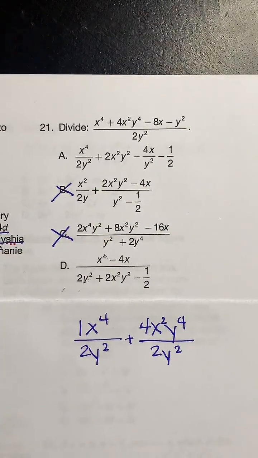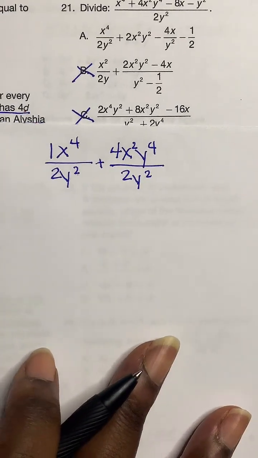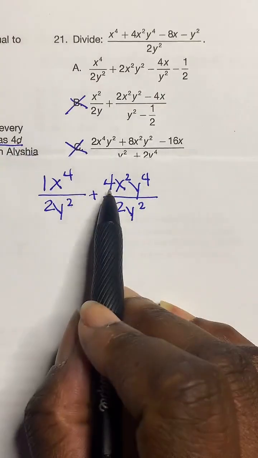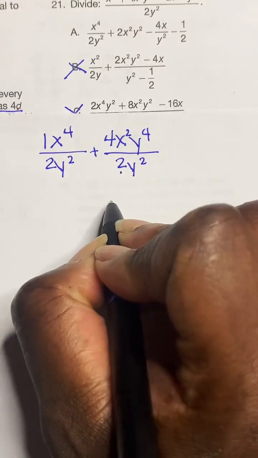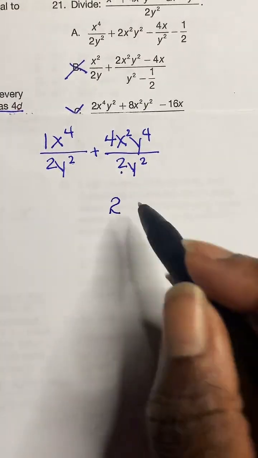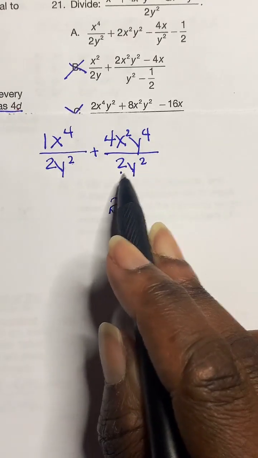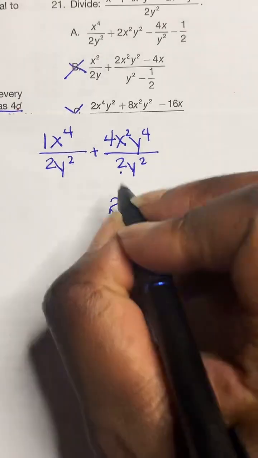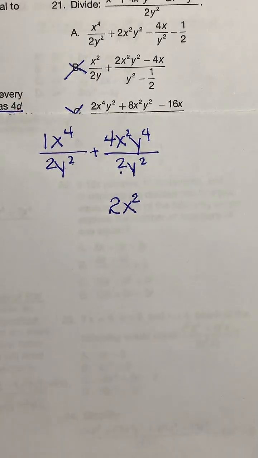So now I'm going to take a look at my middle part. I have 4 and 2, which can be simplified. 4 divided by 2 will give me 2. In the numerator I have x squared, and because in the denominator there are no x's, the x squared is going to stay in the numerator.